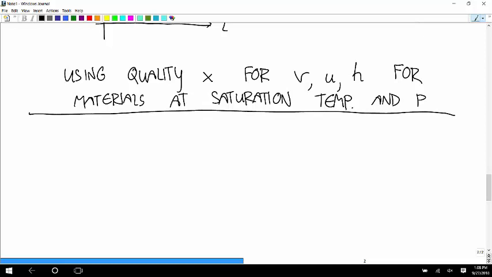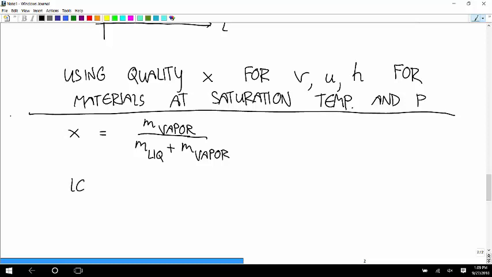Quality is equal to the mass of the material in the vapor state divided by the total mass of the material, so that's the mass of the liquid plus the mass of the vapor. The idea of quality only makes sense if you're at saturation. Otherwise, the material's all vapor or all liquid. If the material is all vapor, the quality is 1. If the material is all liquid, the quality is 0.